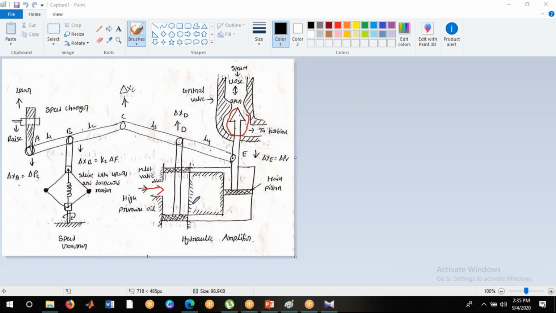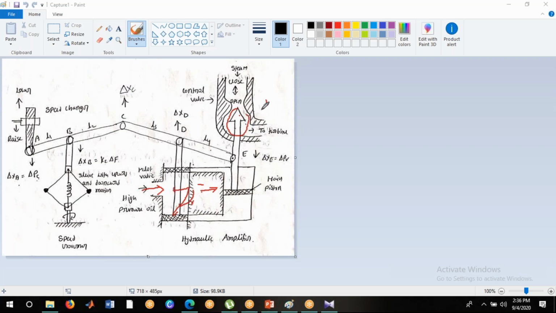The block here is moved in this direction, then it will be fixed, so it cannot move up and down. So for a fixed position of the control valve, we use the hydraulic amplifier here. If the high pressure oil goes back, the block comes in this direction, then the valve is free.